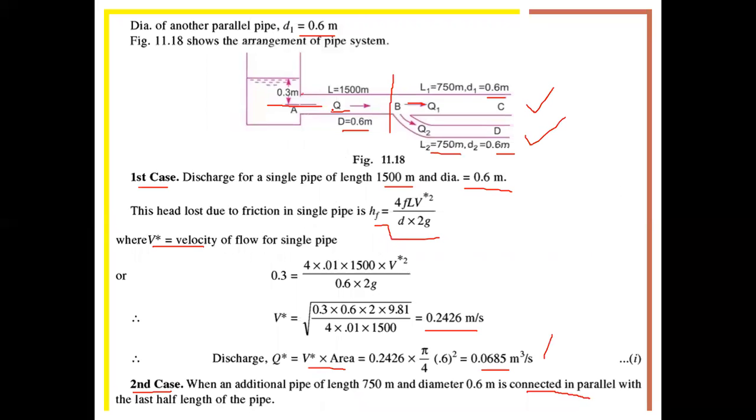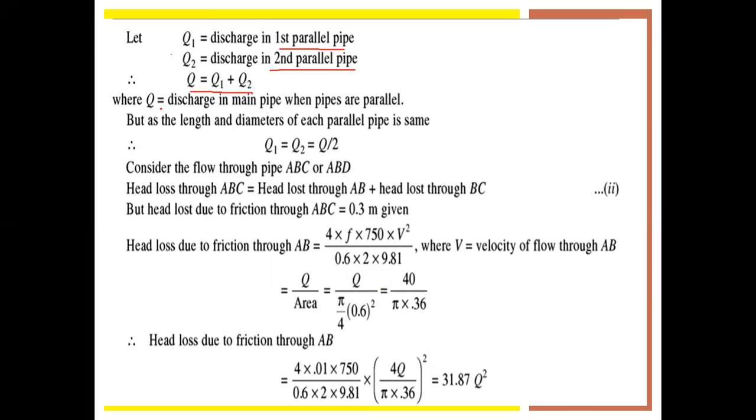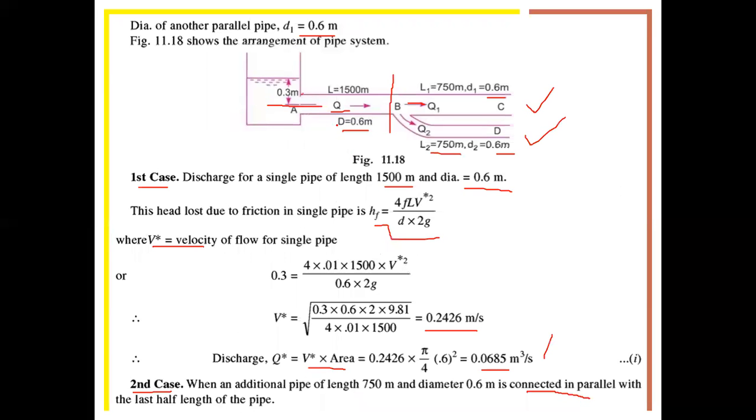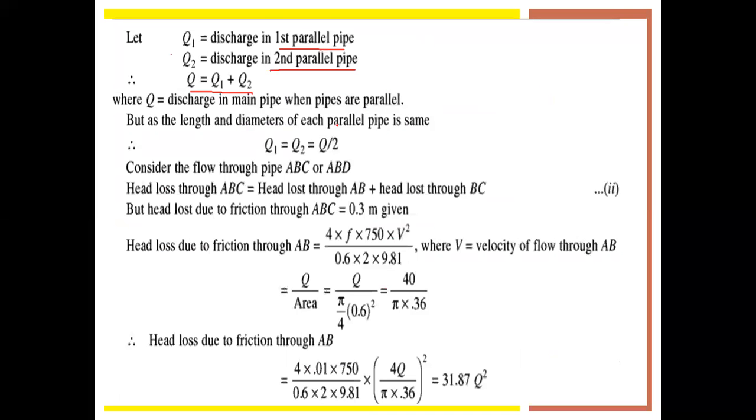So Q is equals to Q1 plus Q2. Now the discharge Q is the main pipe flow discharge, but as the length and the diameters of each parallel pipe is same, Q1 is equals to Q2, that is equal to Q by 2. అంతే కదా? So from the figure Q by 2 అంటే 750, Q1 is equal to Q2 is equal to Q by 2.